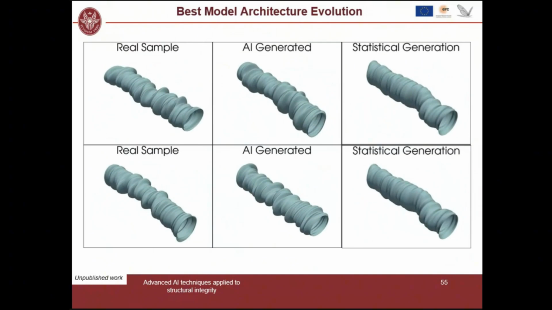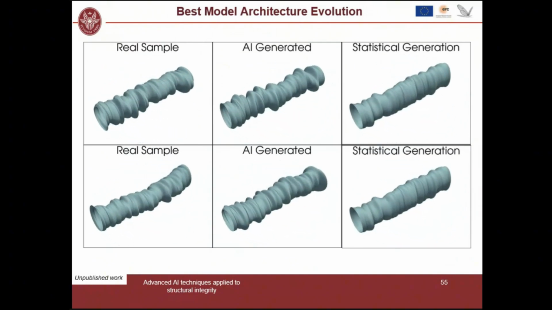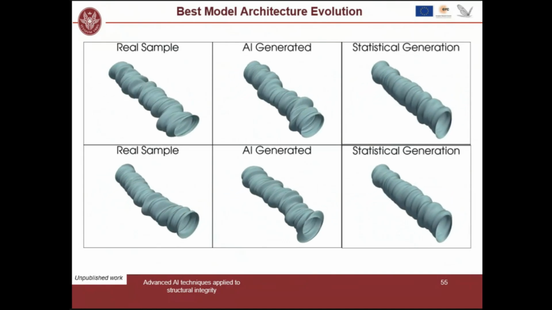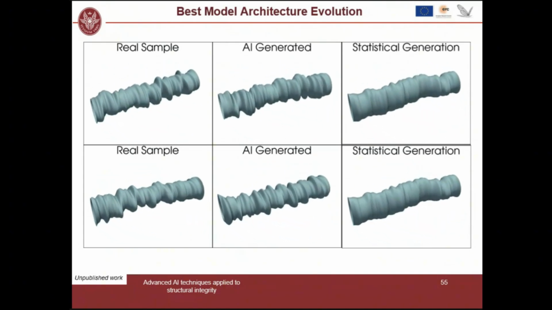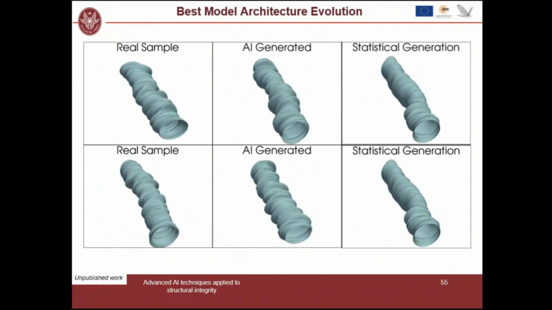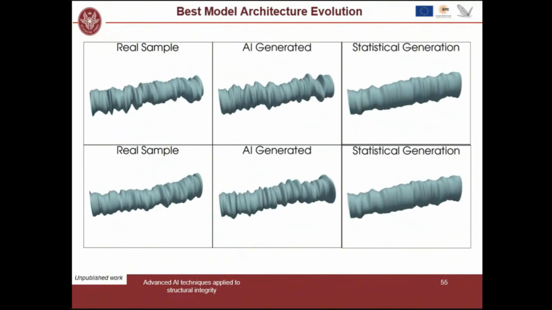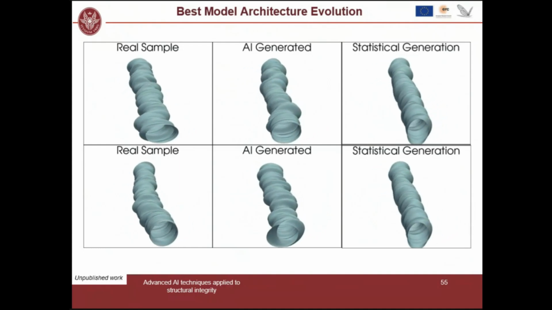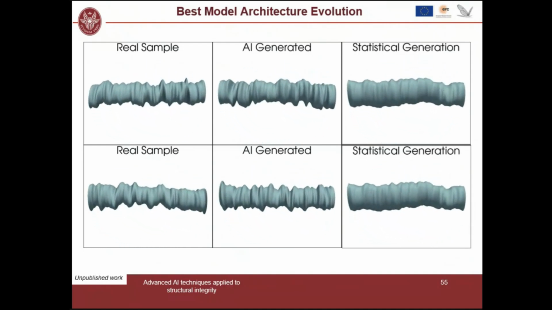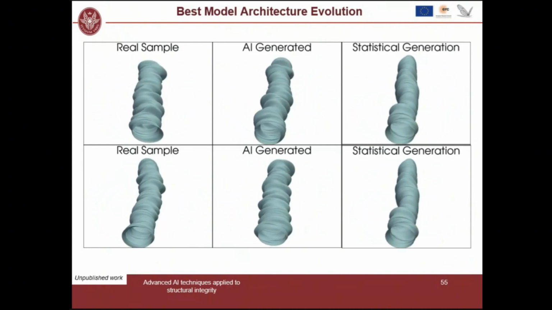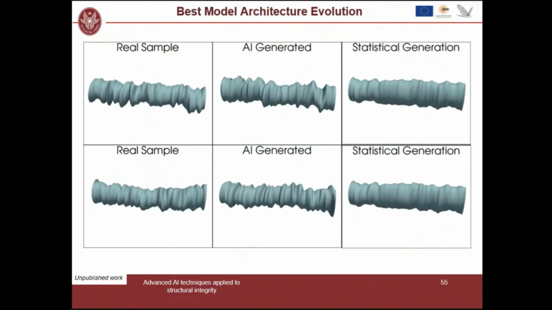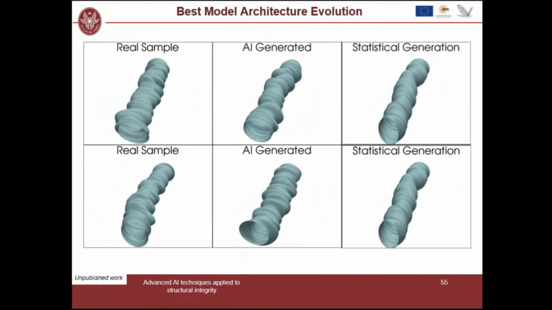And those are the predicted, the generated structures. This is the real one, this is the AI generated. They are essentially the same, and you couldn't tell the difference. And just for reference, that was the statistical generation. And you can see the huge gap between the two different generations.